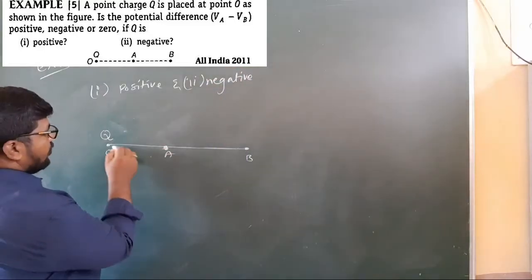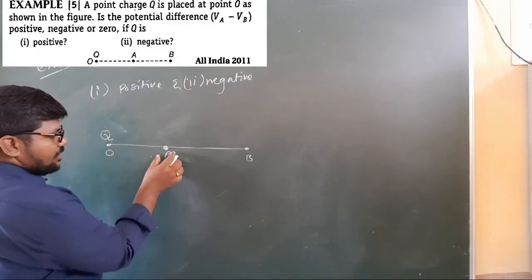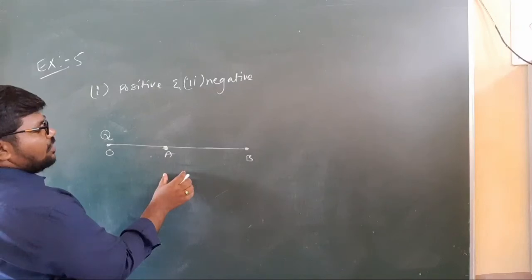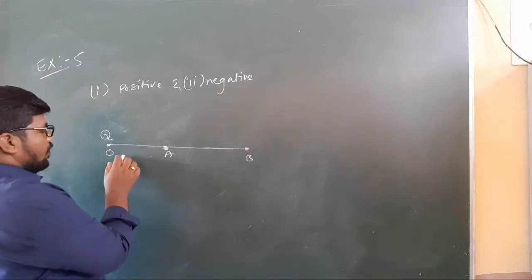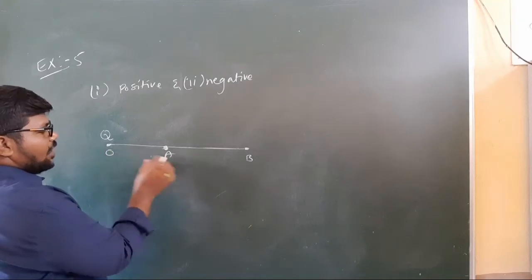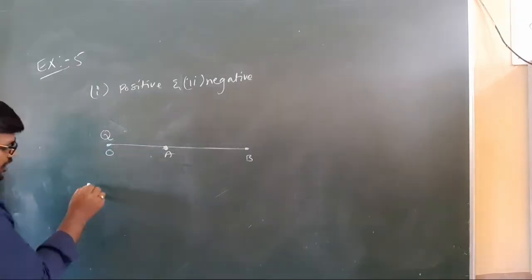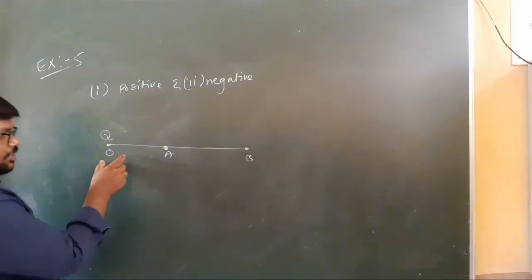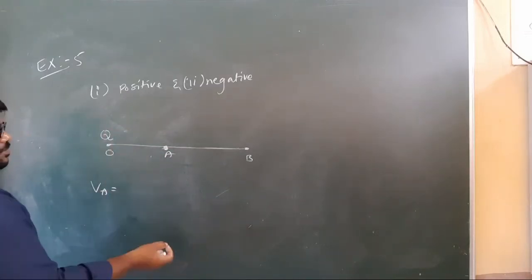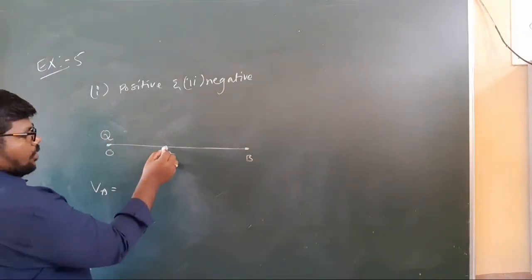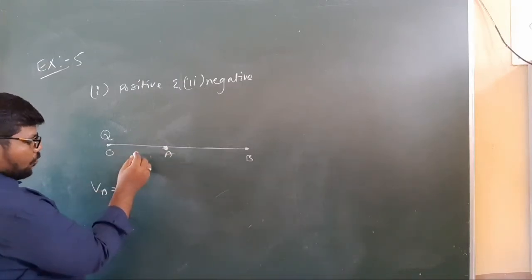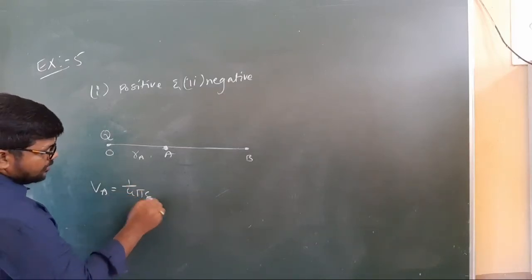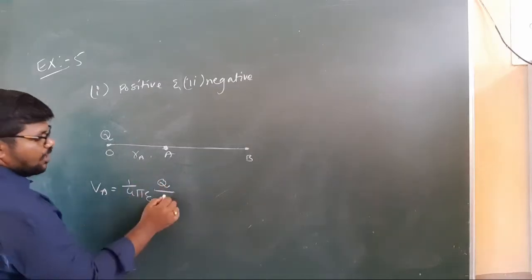Okay, children, consider two points A and B. See here, we have to find the potential difference between O and A and O and B. Suppose V suffix A means electrostatic potential due to A. The distance between O and A we denote as RA. So it is 1 by 4 pi epsilon naught, charge is Q, distance is RA.